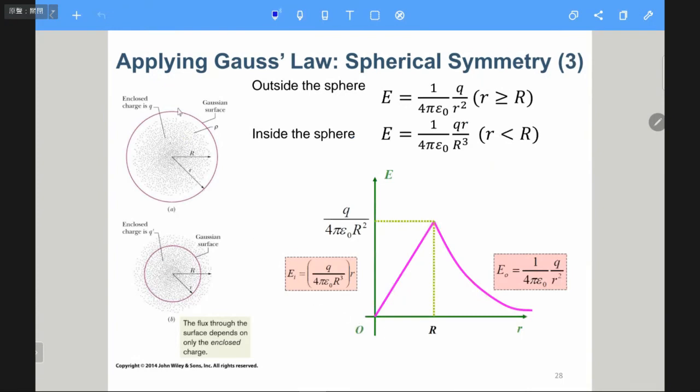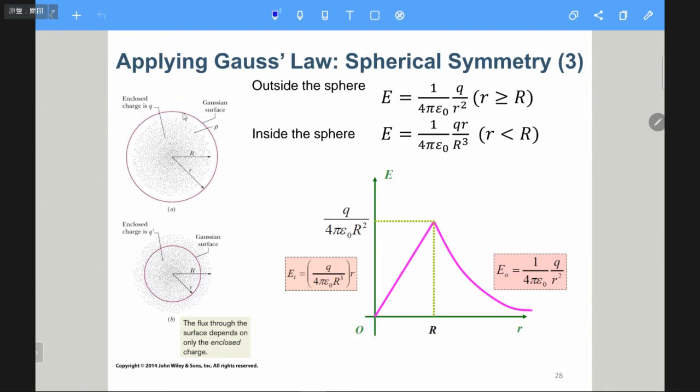And if we consider the E field outside this sphere, we have nothing special because all the charge is enclosed by this Gaussian surface. So it is nothing but E equals 1 over 4 pi epsilon naught Q over r squared.